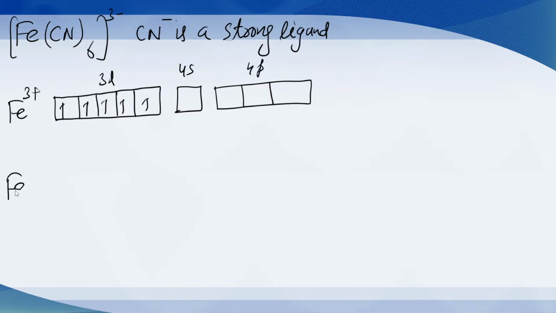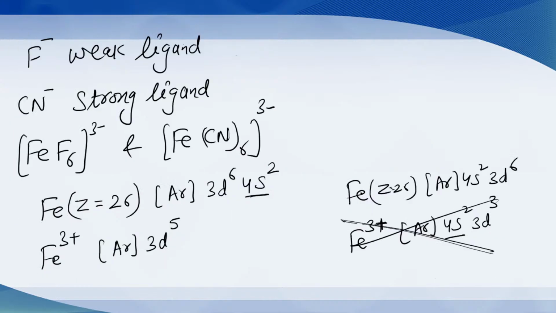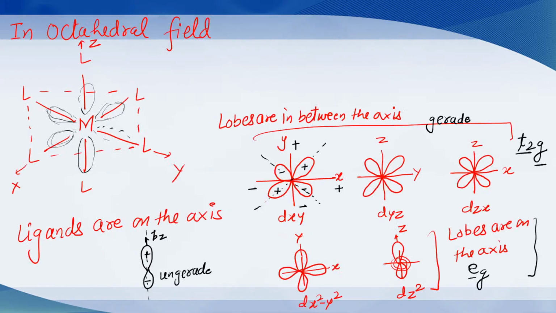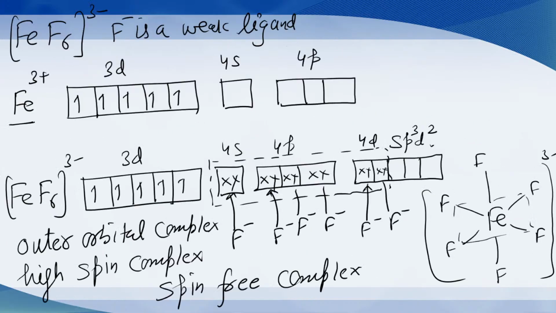But cyanide being a strong ligand, come to this picture again. As it is a strong ligand, delta O is greater than P. That's why pairing energy is less, but the energy required to shift the electron is more. Therefore, pairing takes place.